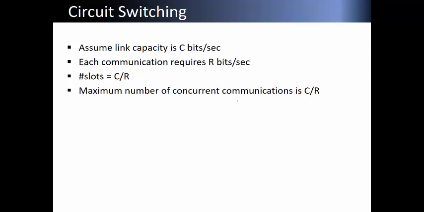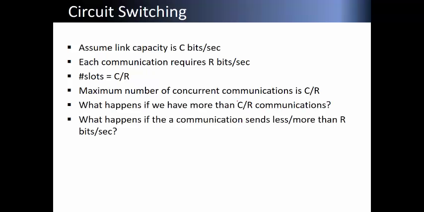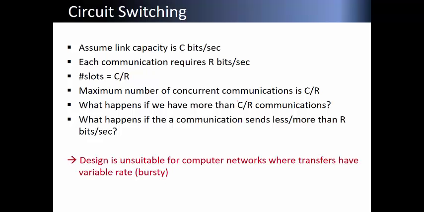So how many slots do we have? C over R. So the maximum number of concurrent communications is C over R. What happens if we have more than C over R communications? So a lot of issues. What happens if the communication sends less or more than R bits per second? So there's a problem with circuit switching.